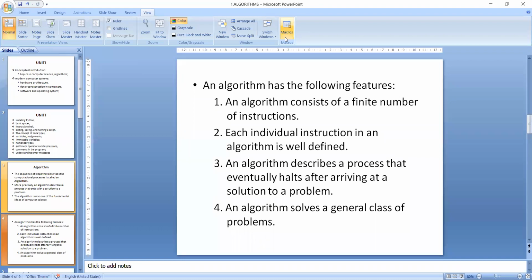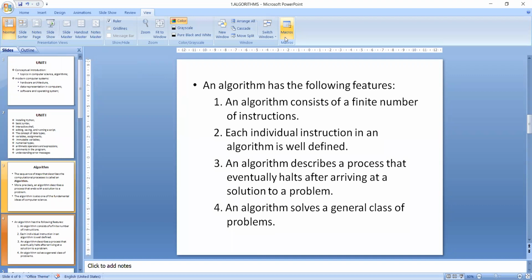As an instructor, I'm passing some rules, some instructions on how to make a paper boat. As a listener, you are following my instructions to prepare the boat. This is a very silly thing, but from this example we learn.